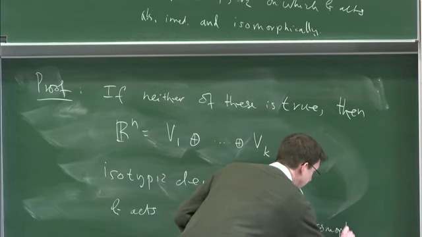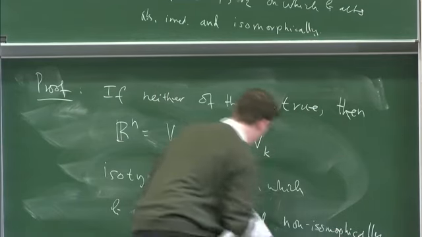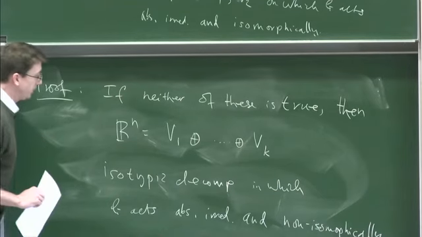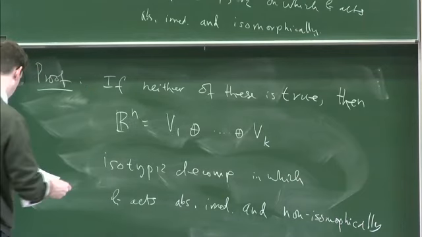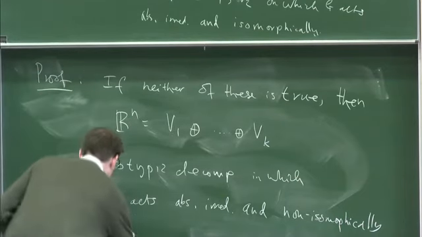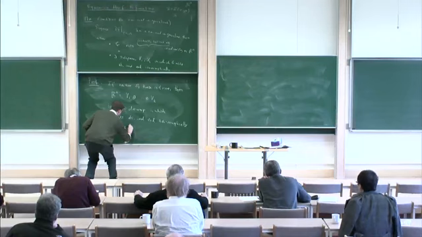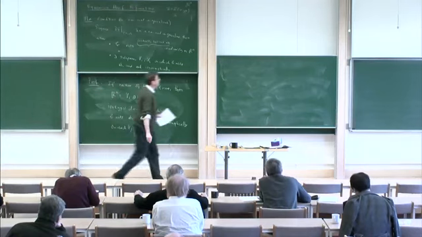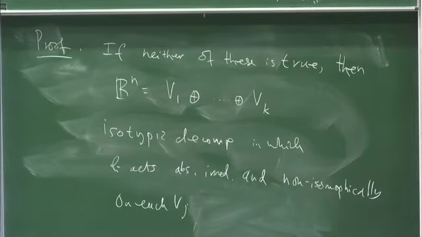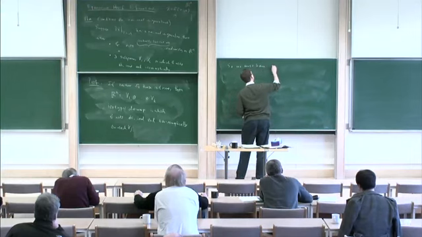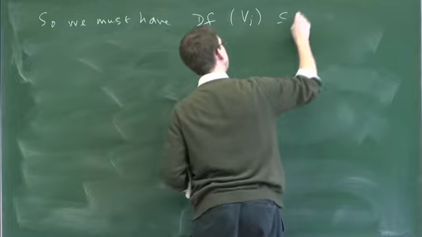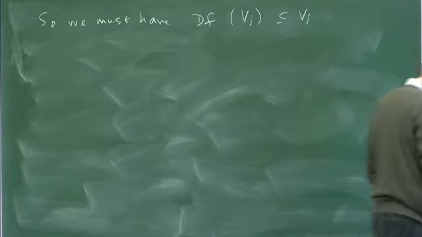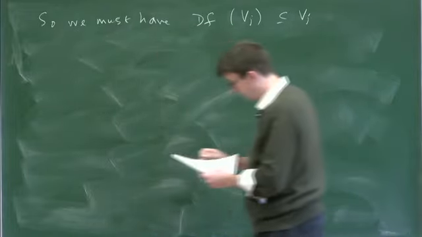So it acts by a different absolutely irreducible representation on each of the subspaces Vj. So we must have the Jacobian matrix on one of these subspaces having an image that lies completely inside that subspace.